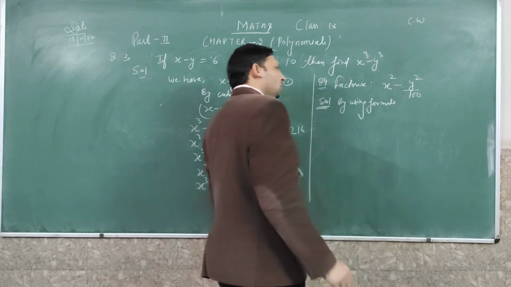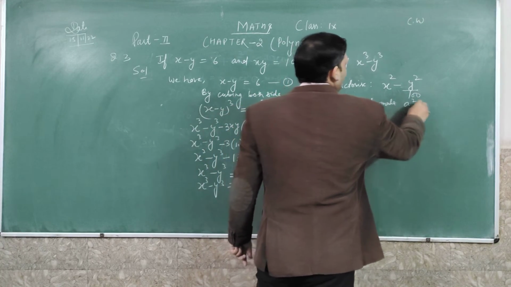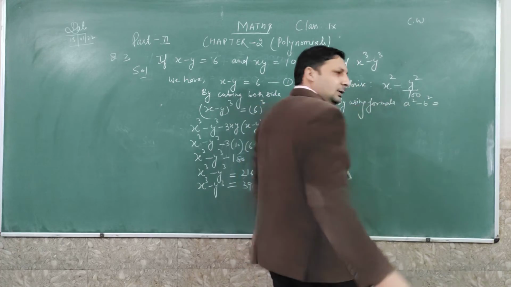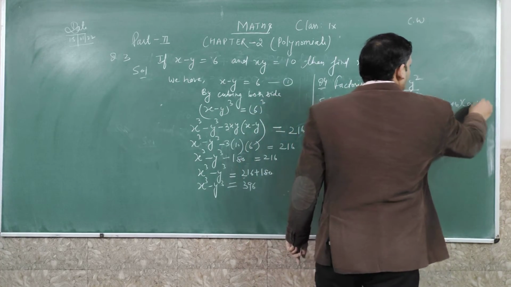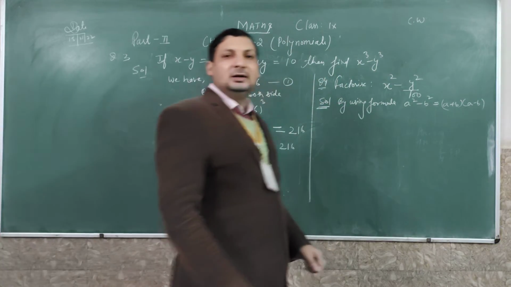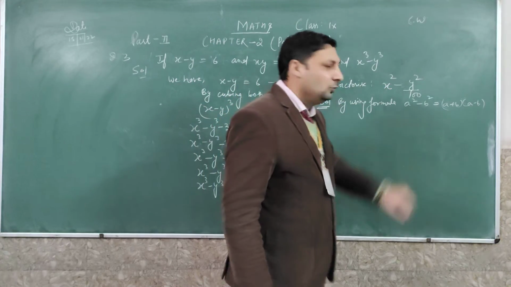The formula is also called identity formula. a square minus b square, the answer will be a plus b or a minus b. It means first we have to make squares.